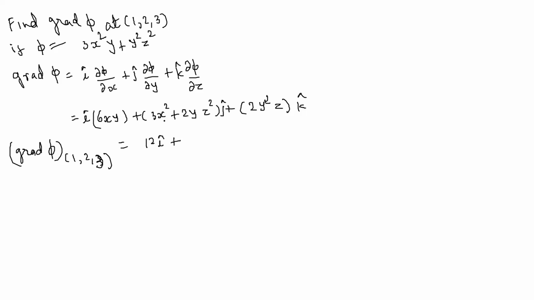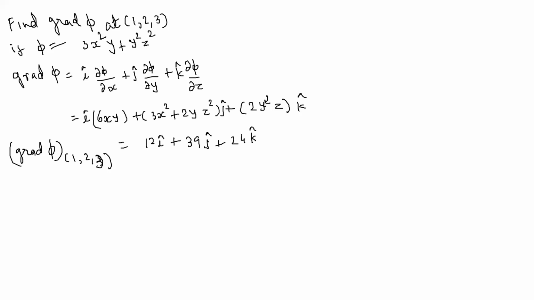plus this will be 3 9s, 39 jk, and this will be 2 y square is 4, 4 2s are 8, 8 3s are 24 k cap.